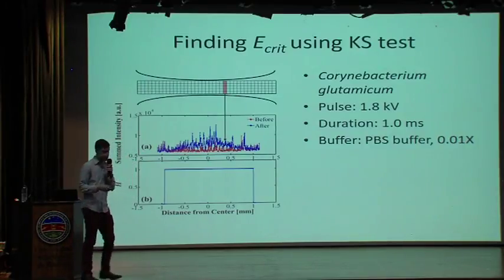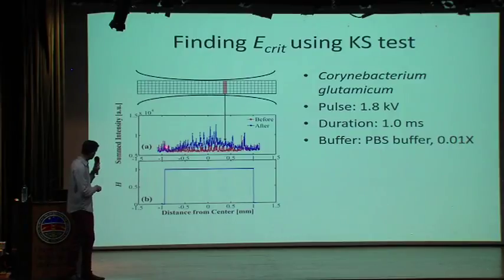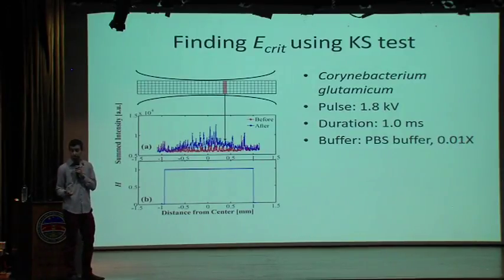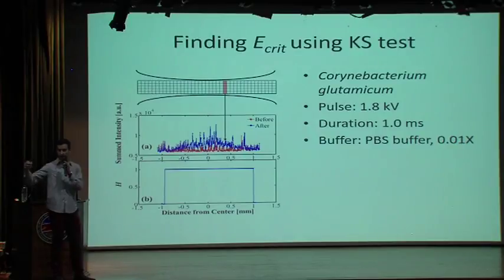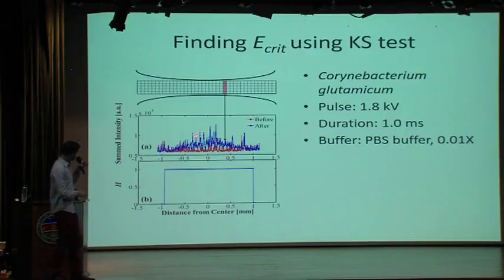What you notice is, for certain parts of the channel, the fluorescence before and after the pulse is about the same. That's because in these regions, electroporation has not occurred. And so the dye is still outside of the cell, and it's not giving off any fluorescence. In the regions where the electric field is high enough for electroporation, the dye actually goes into the cell, okay, and the fluorescence is increased.